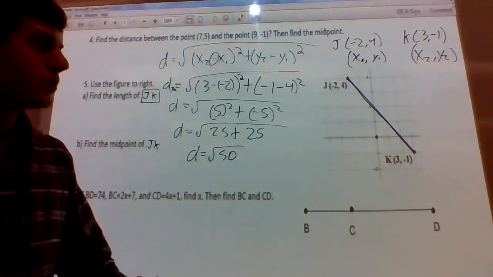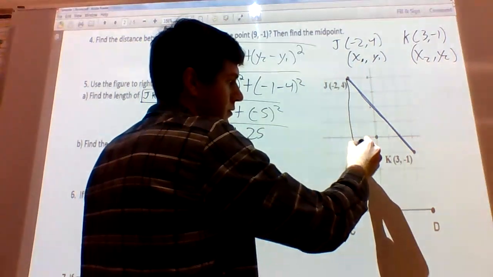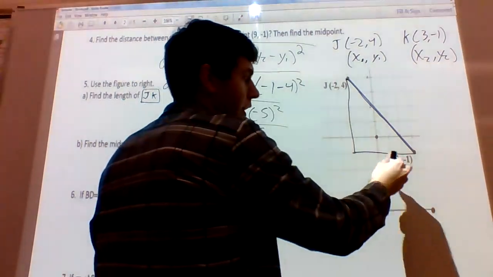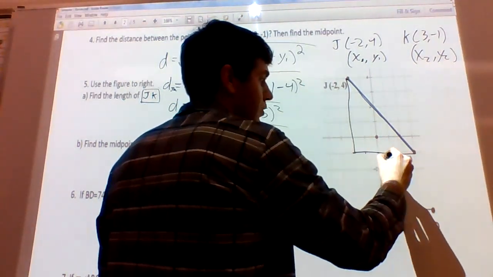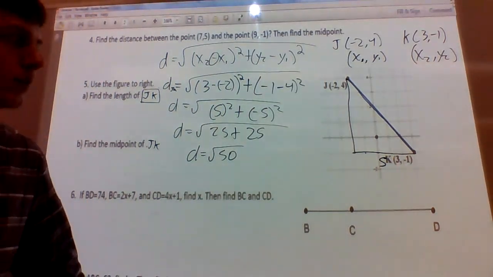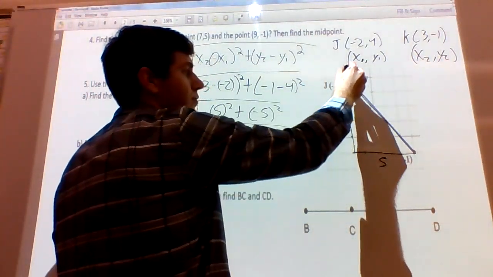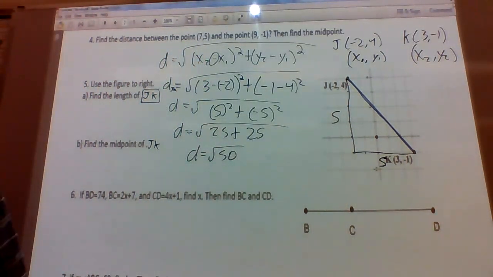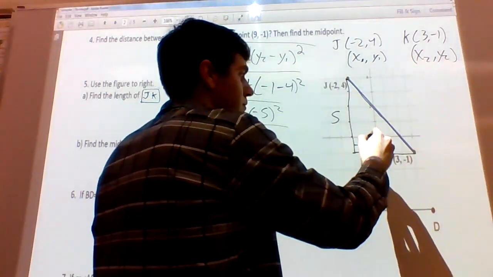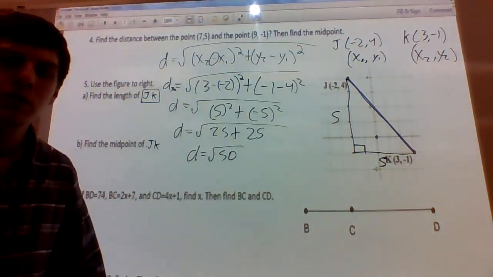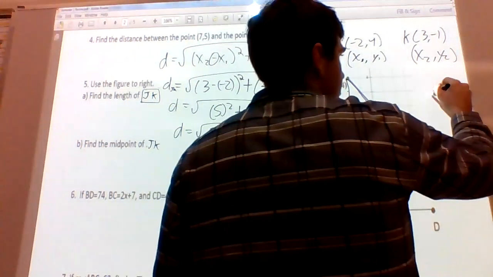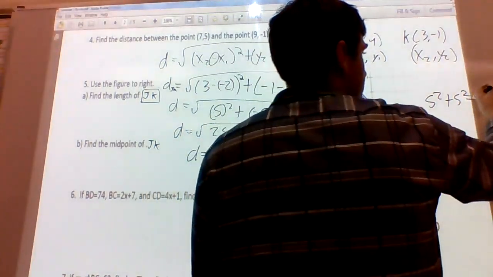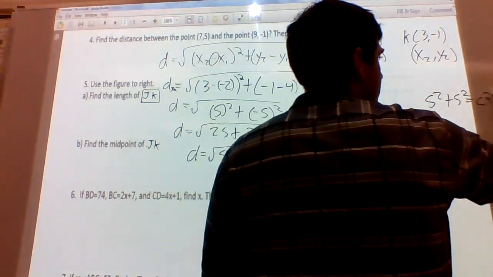Okay. We can also look at the change in x and the change in y. So if we count how many units we've changed in the x direction, that's 1, 2, 3, 4, 5. So our change in x is 5. Our change in y is 1, 2, 3, 4, 5 as well. And again, if we know what the Pythagorean theorem is and we know about right triangles, we know 5 squared, the change in x, plus the change in y squared is going to equal c squared.